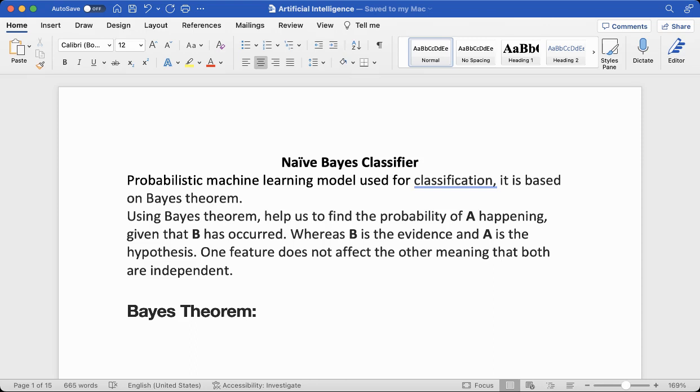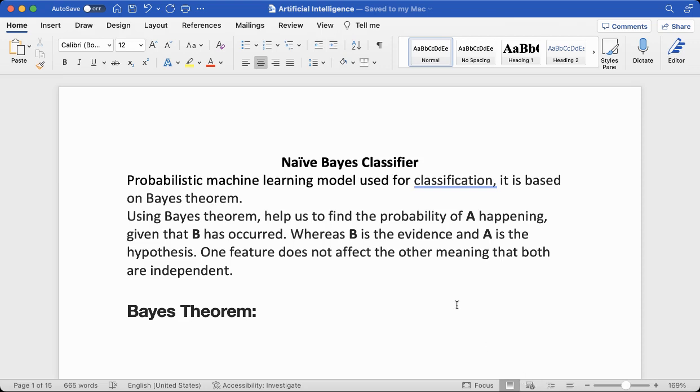One feature does not affect the others, meaning that they are independent. As we know, all the features are independent, and all the features have an equal contribution to the outcome.